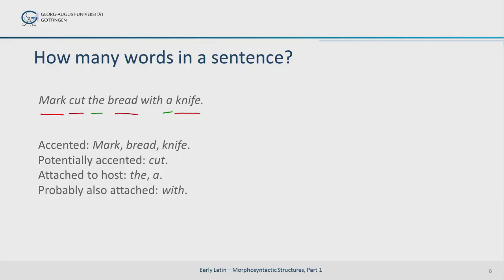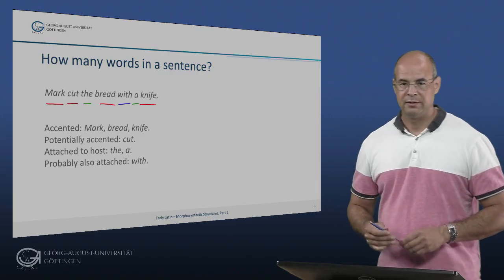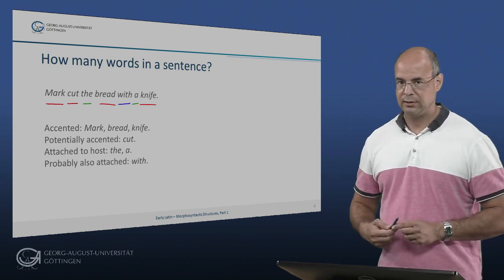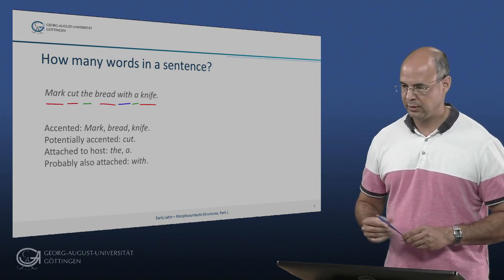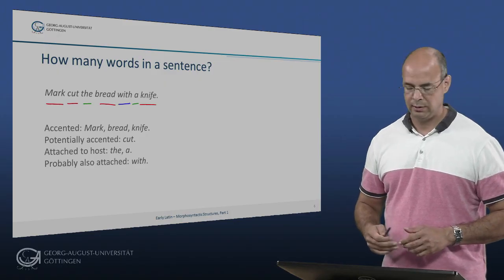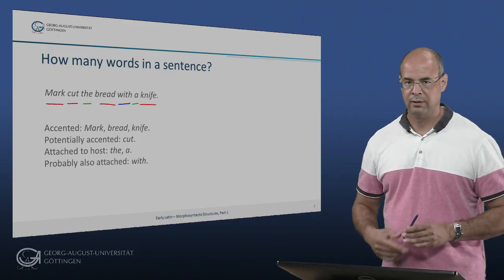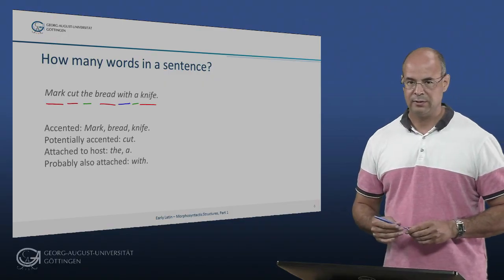They can be stressed under very specific circumstances, but typically they are proclitic elements. And then somewhere in between we have a preposition which has more of a lexical content, but is typically also proclitic. So you can see it's a sliding scale we are dealing with. It's not a clear-cut distinction between content words and clitics, and that same thing applies to Latin.